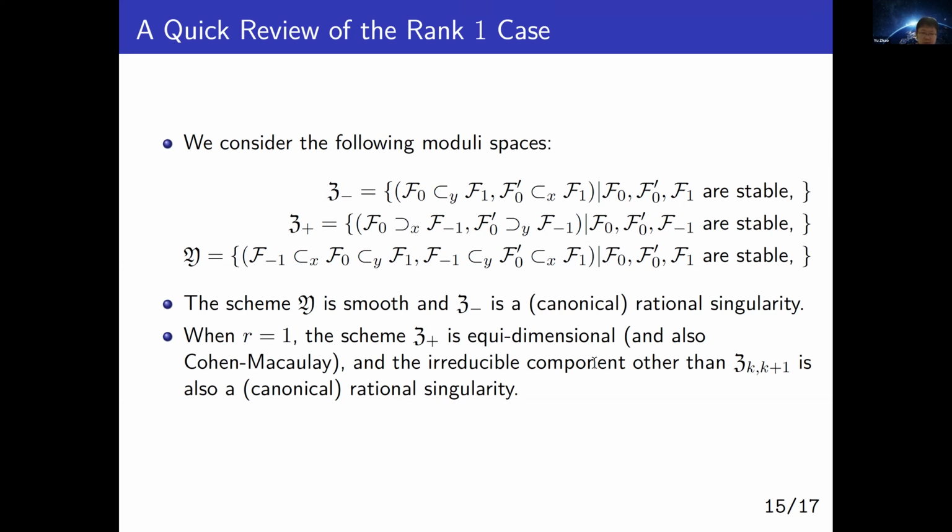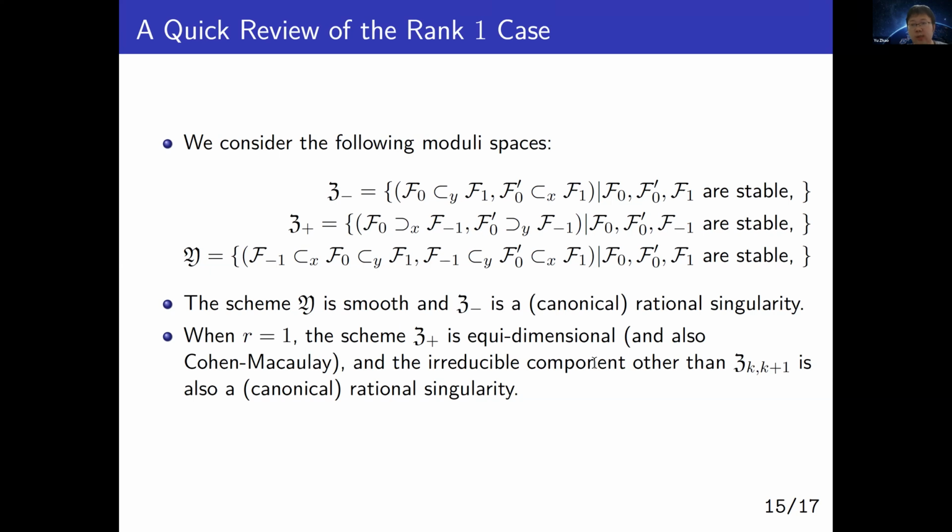So we could associate the structure of Y to one component of Z plus, and we could associate this derived category structure, and moreover we can consider the natural transformations.